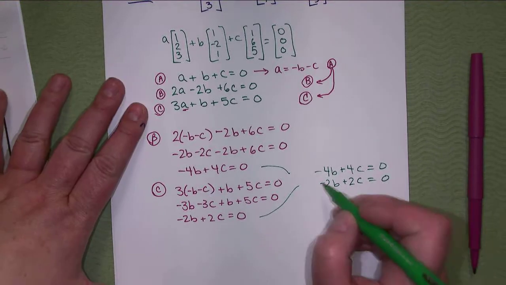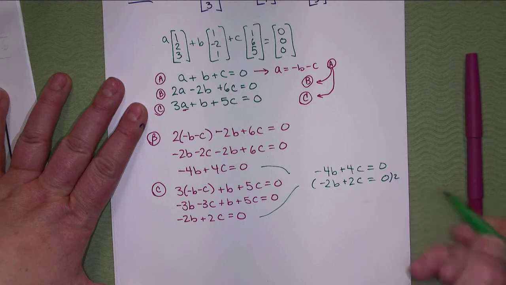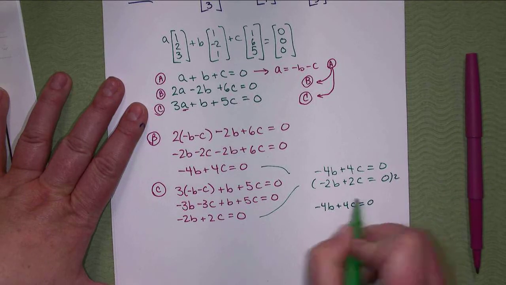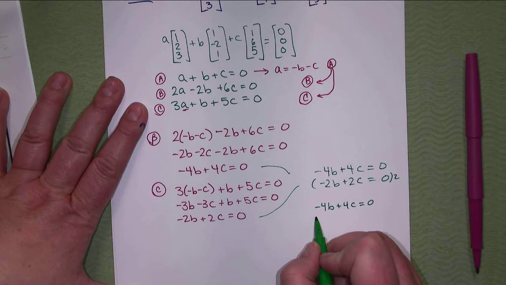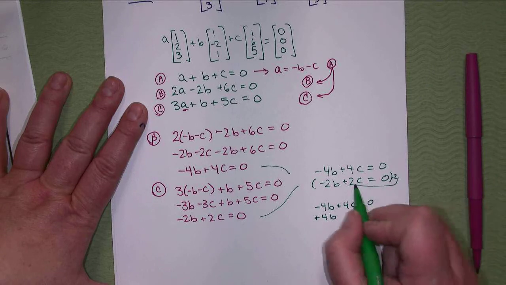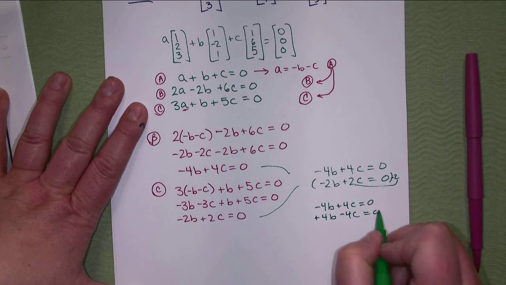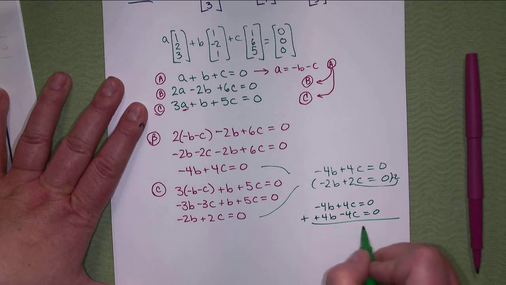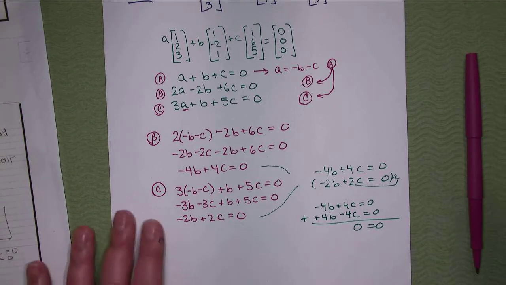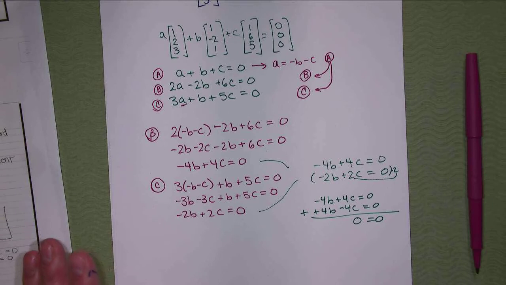If you multiply this by 2, for example, or say negative 2, so plus 4b minus 4c, add them together, and we get 0 equals 0. So that doesn't mean no solution, it just means that they were the same equation. But what does having two of the equations the same mean? They're dependent.